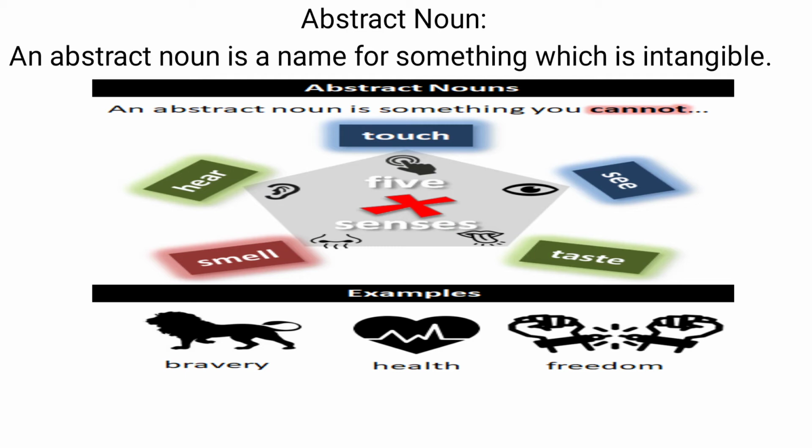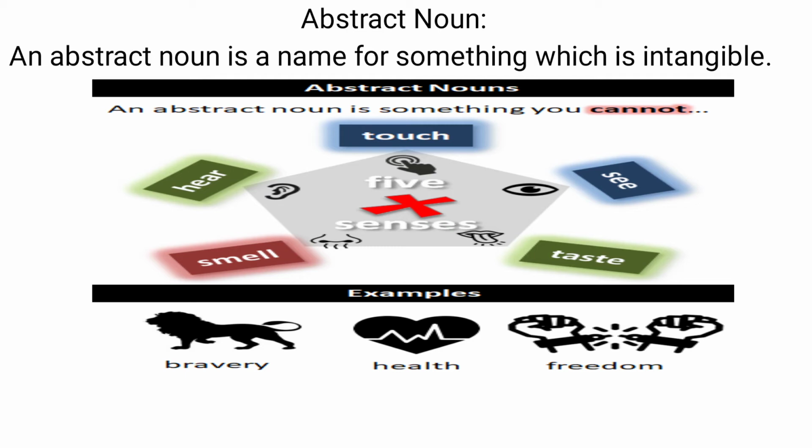It has been given in the slide. See it properly. I am reading from the slide. An abstract noun is something you cannot touch, you cannot hear, you cannot smell, you cannot taste, and you cannot see. It means it cannot be sensed through any of the five senses.